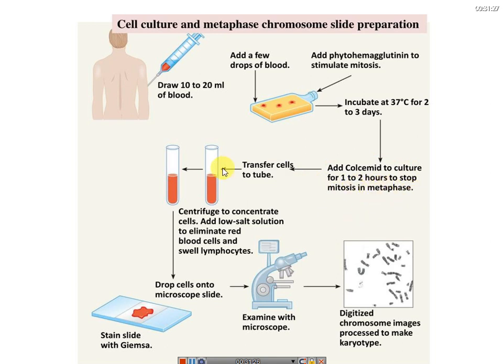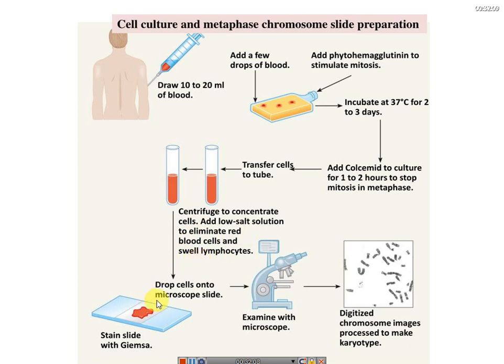And then we transfer these cells to tubes and centrifuge to concentrate the cells, and we remove all the liquid. Once we have concentrated the cells, we add a low salt solution to eliminate the red blood cells. In the low salt solution, the red blood cells will burst open, while the lymphocytes will swell. Now we drop the cells onto the microscope slide, and then we stain with Giemsa.